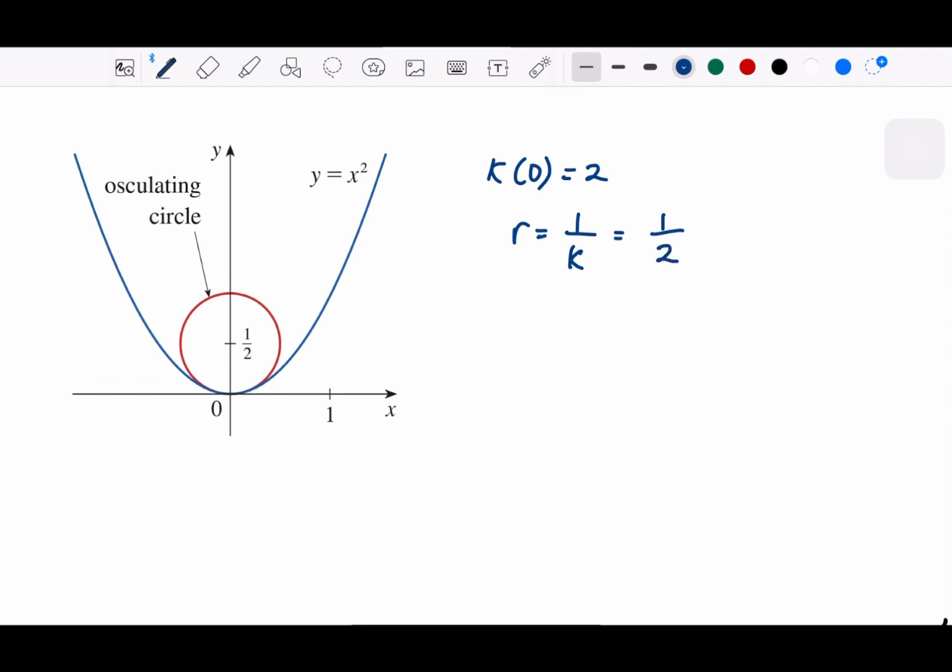Okay, so let's say this is our point P, and this is our normal vector, and let's say this is the T. So the N will be the 0, 1 vector, and this will lead us to this point, so the center of the circle is 0.5.